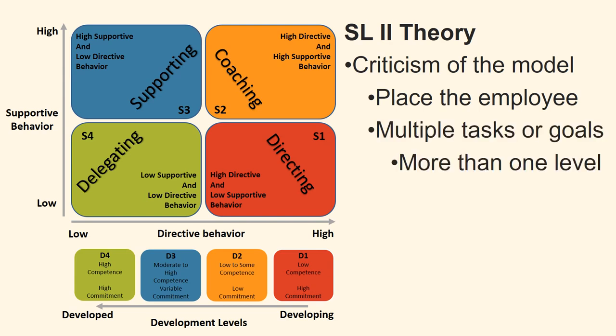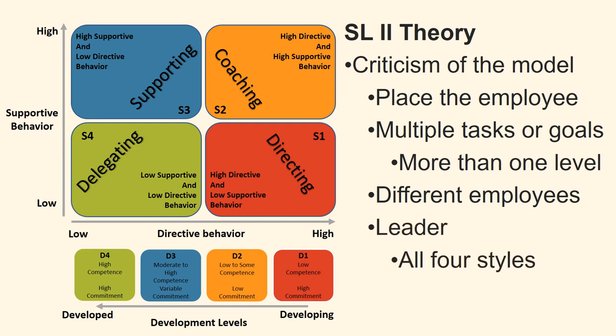The theory does not take into account that an employee works with multiple tasks and goals at the same time, and therefore can be at more than one level of development at the same time. The theory does not take into account that employees are different and express their lack of competence or commitment differently. The theory does not question whether the leader is capable of leading in all 4 leadership styles.